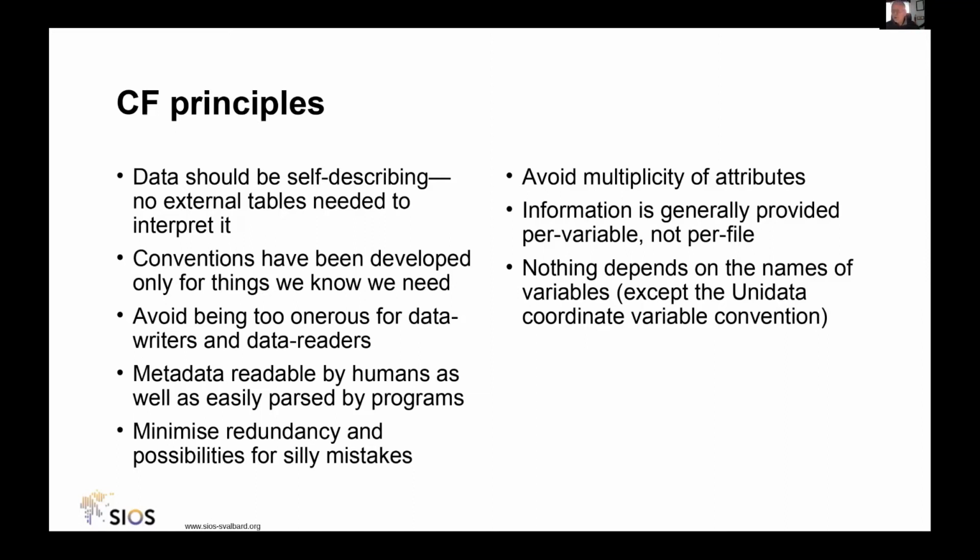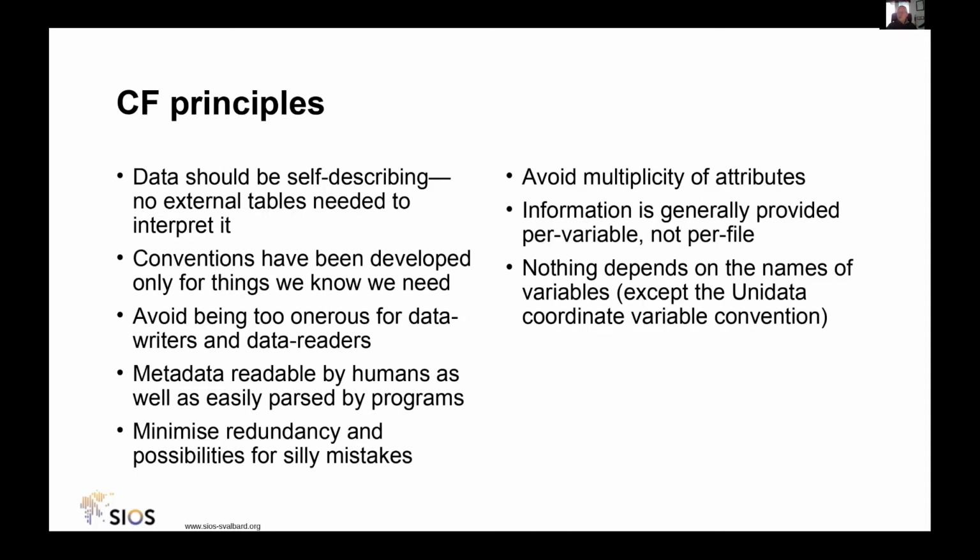There is also an attempt to avoid duplication or too many attributes, so it should be kept simple. So having good mechanisms for reuse and always checking, if somebody suggests a new information piece, is it really needed? That's a good principle.